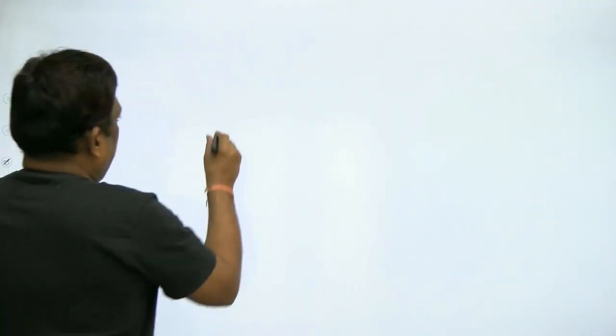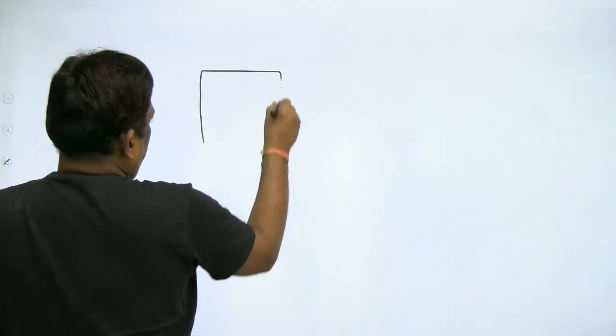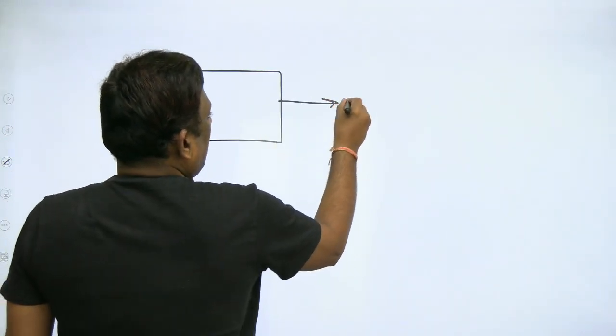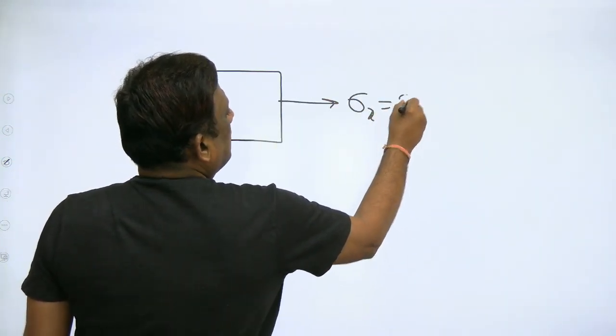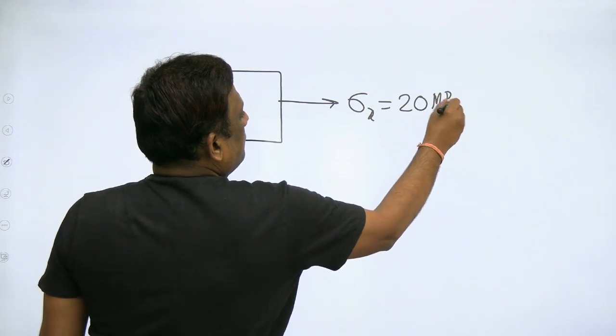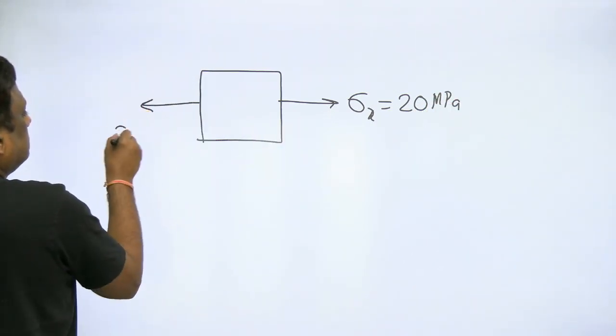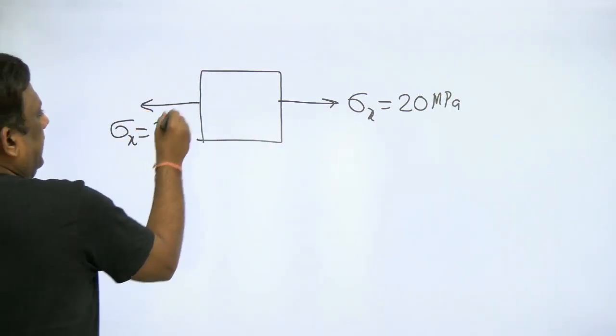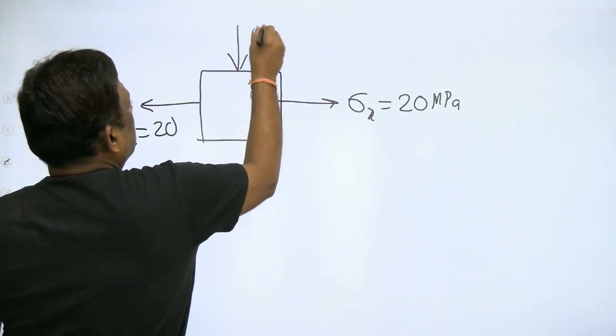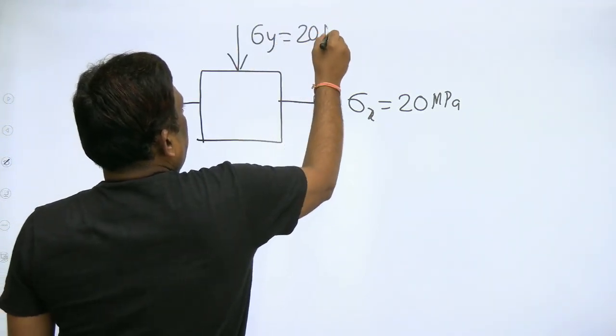Let's see what that can be. He gives this, okay, look once. Sigma x is 20 megapascal.